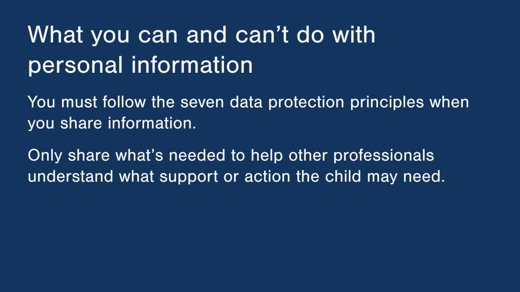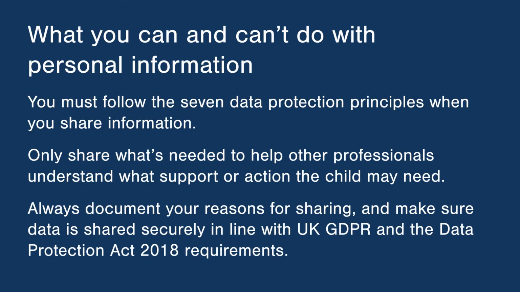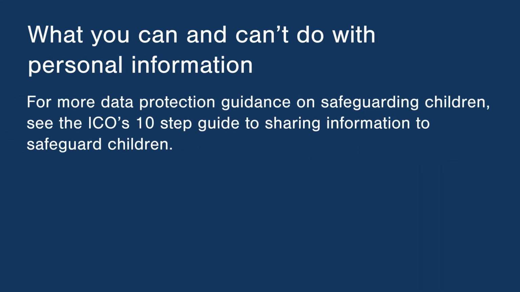Only share what's needed to help other professionals understand what support or action the child may need. Always document your reasons for sharing and make sure data is shared securely in line with UK GDPR and the Data Protection Act 2018 requirements. For more data protection guidance on safeguarding children, see the ICO's 10-step guide to sharing information to safeguard children.